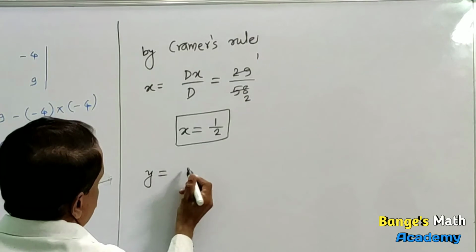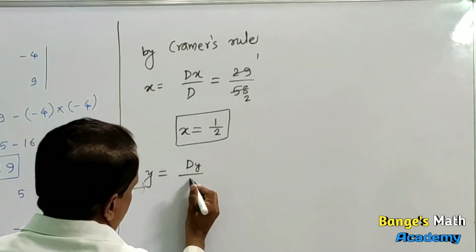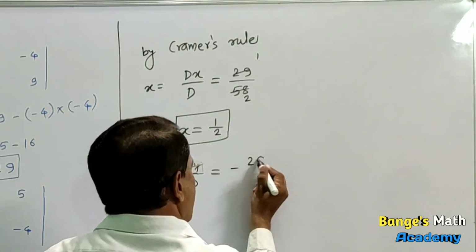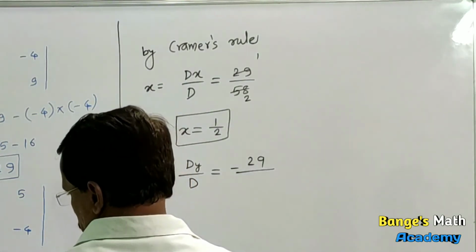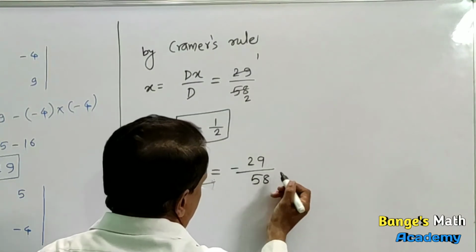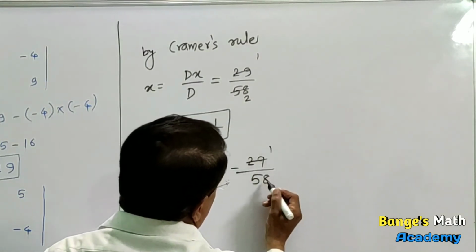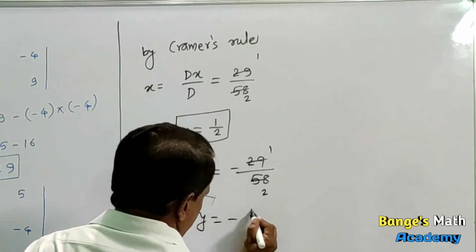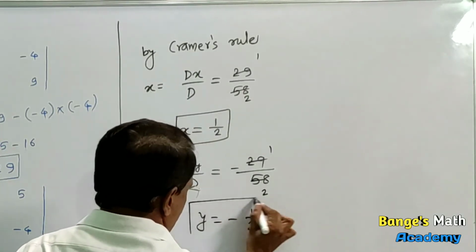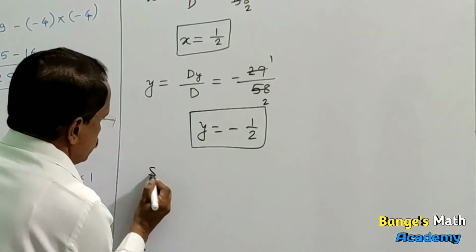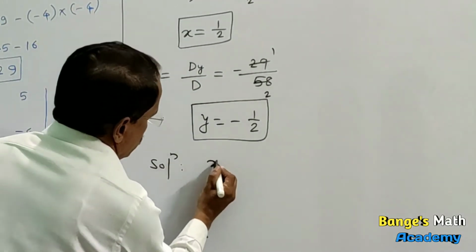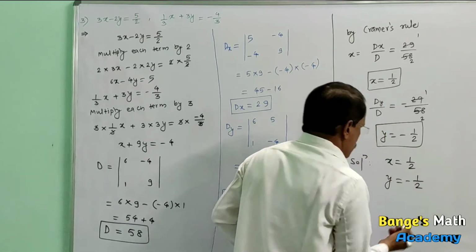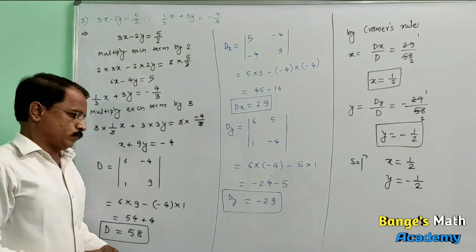Then y is equal to dy upon d. Value of dy is minus 29 upon d 58. Again cancelling, 29 ones are 29, 29 twos are 58. So y is equal to minus 1 upon 2. Write down solution. x is equal to 1 upon 2 and y is equal to minus 1 upon 2.